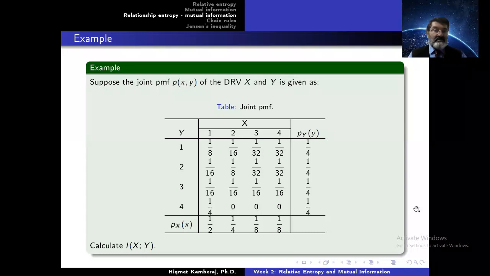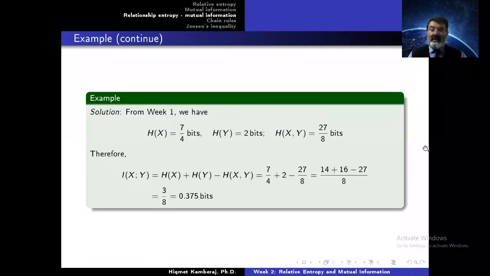Now the purpose of this exercise is to calculate the mutual information between x and y. From week number 1, we calculated that h of x was equal to 7 over 4 bits, h of y was 2 bits, and h of x and y was 27 over 8 bits.